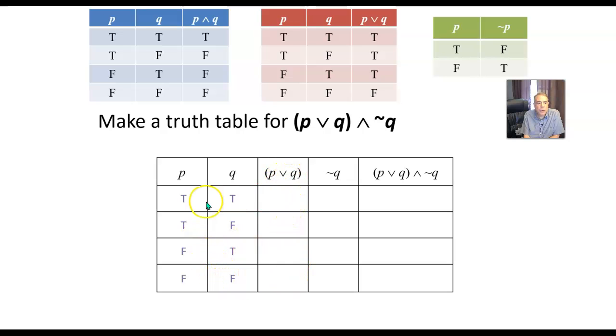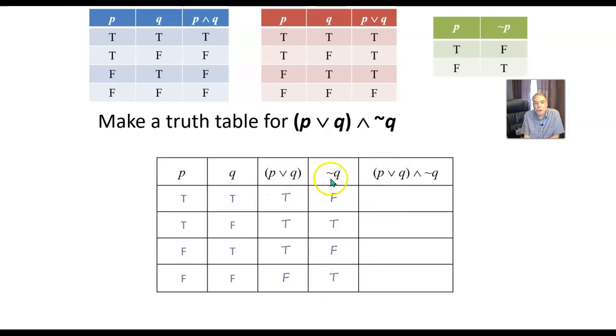Now for P or Q, true or true is true, true or false is true, false or true is true, false or false is false. Now we need not Q, and that's the opposite of whatever Q is. Not true is false, not false is true, not true is false, not false is true.